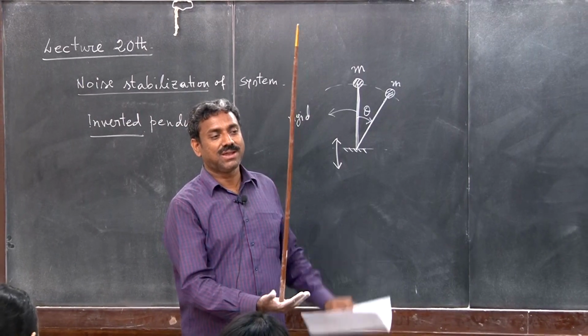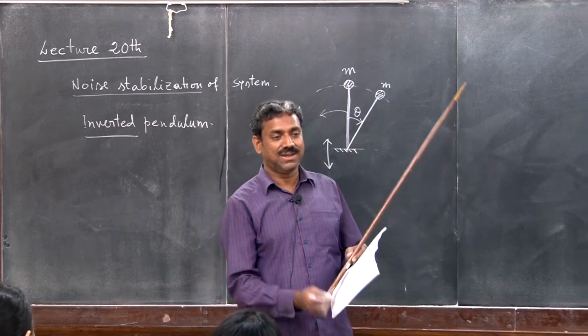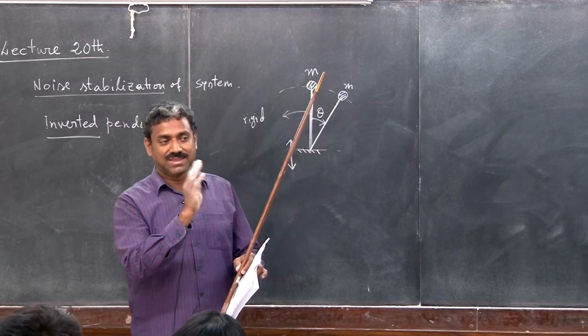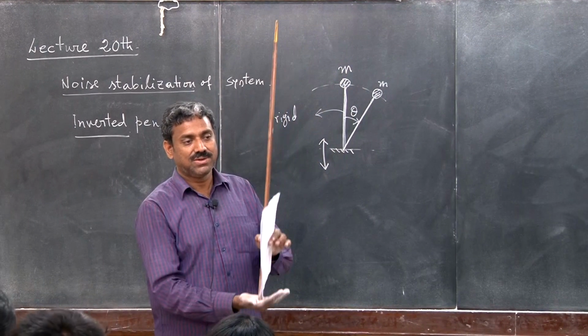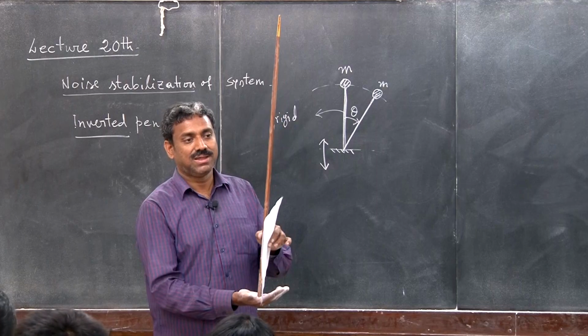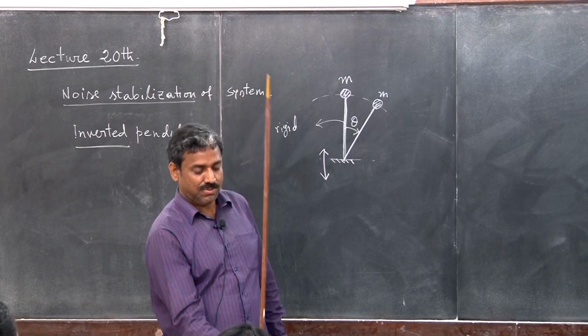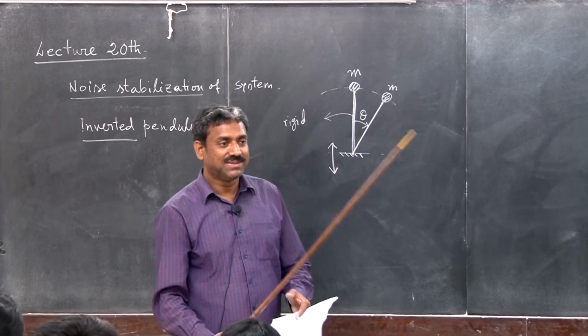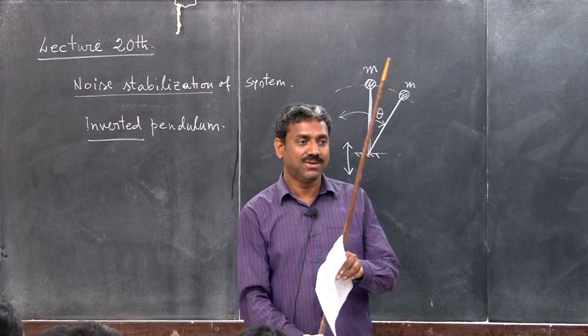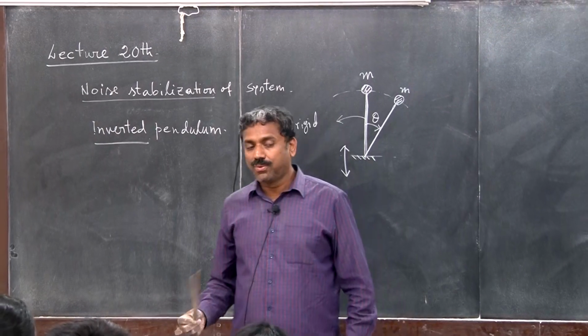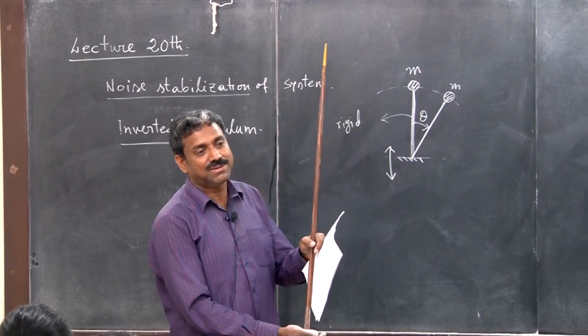When it is trying to fall, that is a lateral disturbance, right? It is trying to vibrate in this plane. That vibration I am going to stabilize with the vertical motion. When it tries to fall, I lower my hand, and when it is trying to come back, I take it up. So through my hand I am applying nothing but noise.